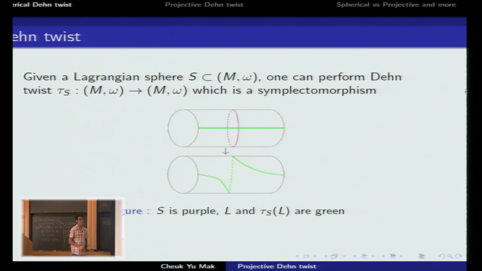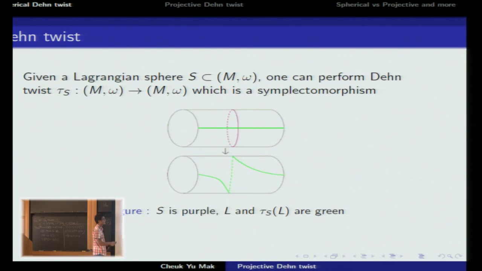There is another, more interesting kind of symplectomorphism called the Dehn twist. Given a Lagrangian sphere in a symplectic manifold, which is a sphere, a submanifold, such that the symplectic form vanishes on the sphere, then we have a standard neighborhood theorem, and you can define a symplectomorphism supported inside the neighborhood.